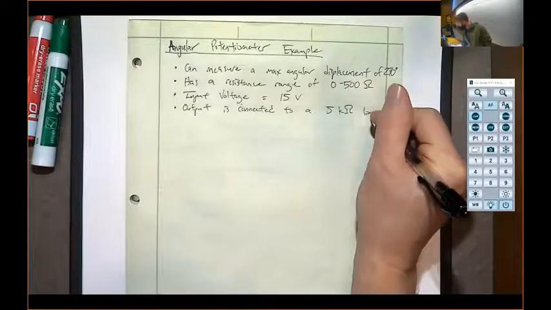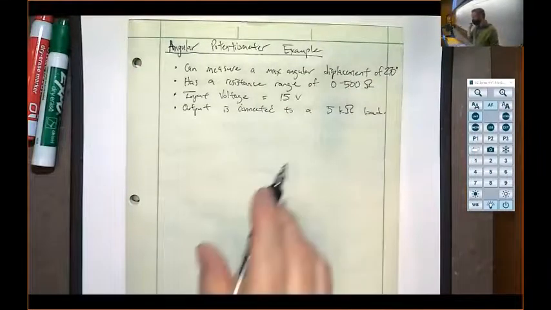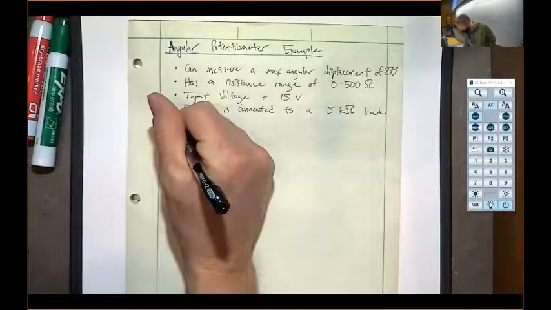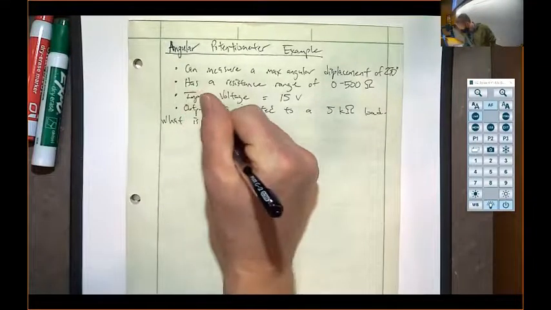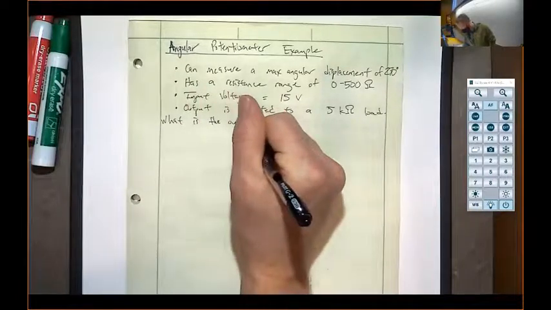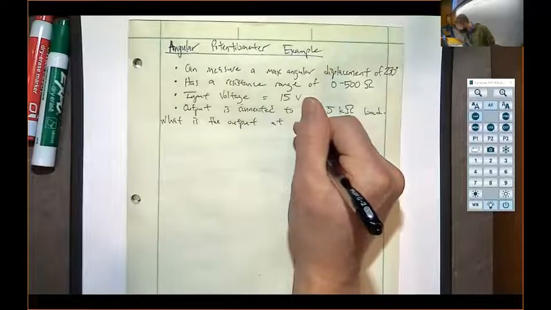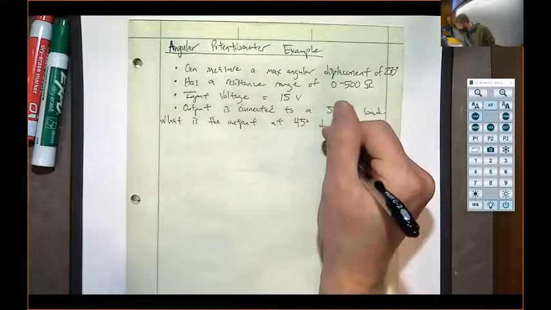So this would be that high input impedance that we said is needed for this and is problematic. And the question is, what is the output at 45 degrees displacement?